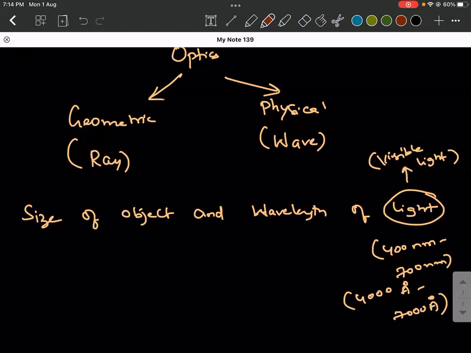If the size of the object with which the light is interacting, for example, we have devices around us, and because of light you're able to see something. If I switch off the TV and make the brightness of this TV 0 and ask you to see, you will not be able to see, as there is no intensity coming out.